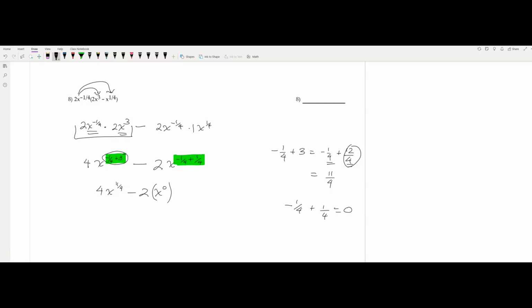We know that x to the power of 0 is equal to 1. So it's going to be 2 times 1. And here my next step will be to turn this into a radical. So it's going to be 4 times the 4th root of x to the power of 11, minus 2 times 1, which is 2. Right? X to the power of 0 is equal to 1. That's what it means.